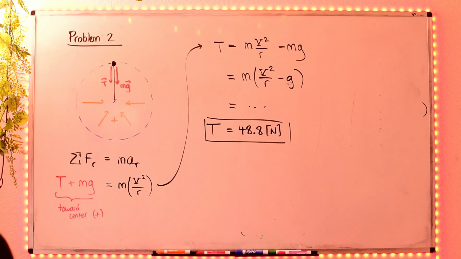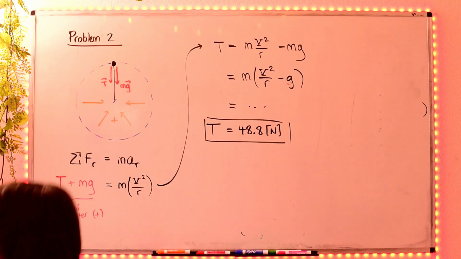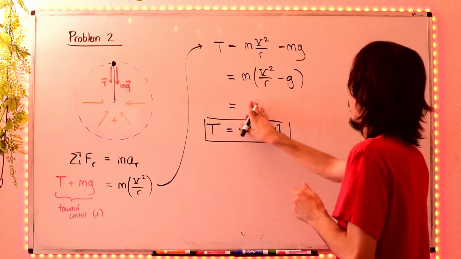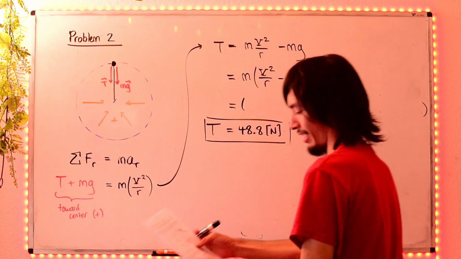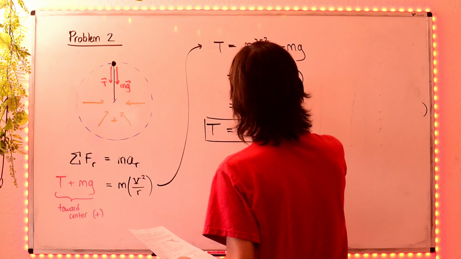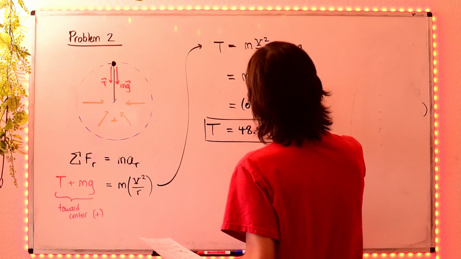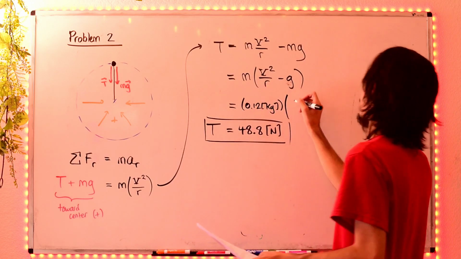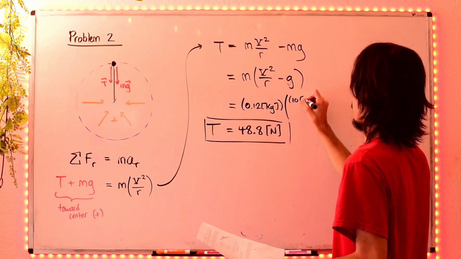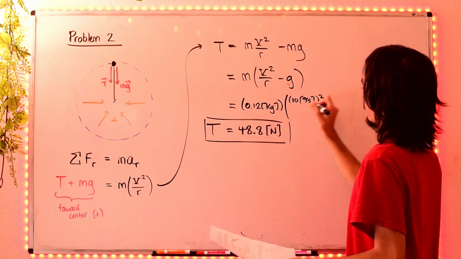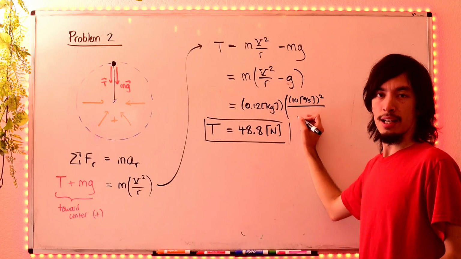No, it is definitely needed. In here where you plug stuff in, the numbers that you would be plugging in are 0.125 kilograms. The velocity of this is 10 meters per second. Square it, and then your radius is the length of the string.